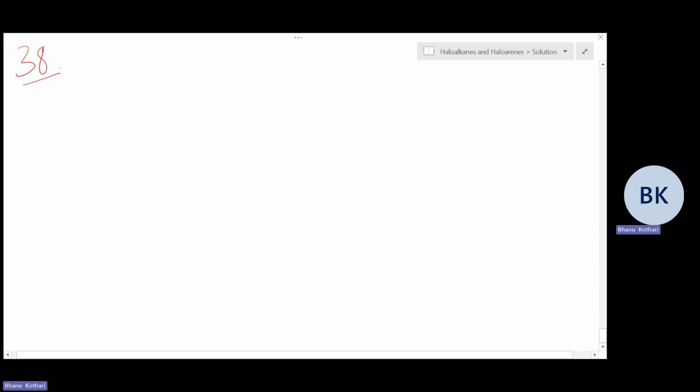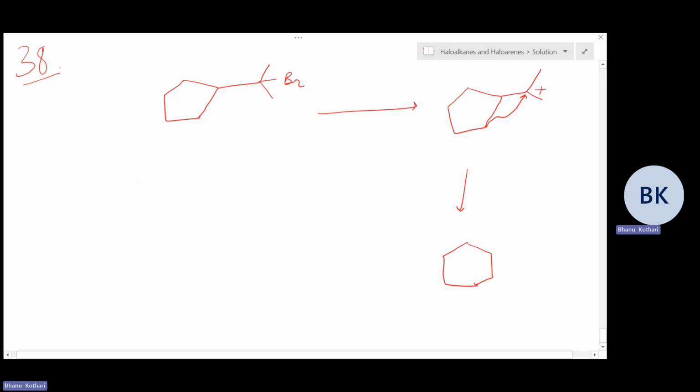The major product of the reaction is... This is the compound. Upon hydrolysis, this carbocation will be formed, and now ring expansion can take place. So we'll have a 5-member ring converting to a 6-member ring, and this carbon will have a plus charge.